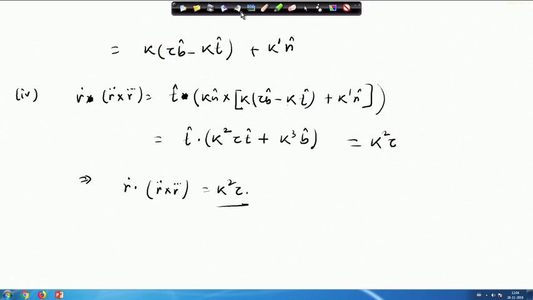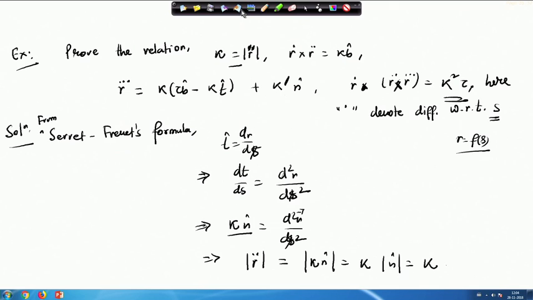Remember that here the dots are taken with respect to the arc length. Instead of writing dots, we could have used a different notation, let us say dash, where dash denotes differentiation with respect to s.